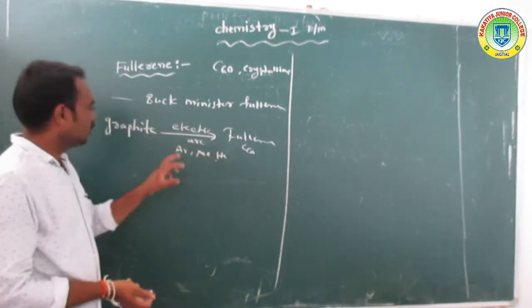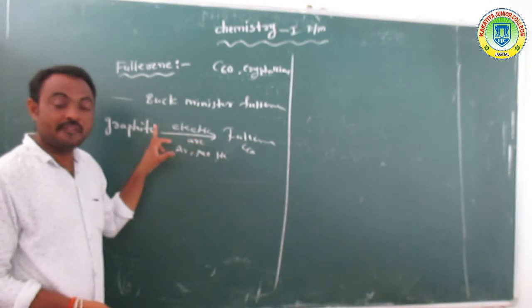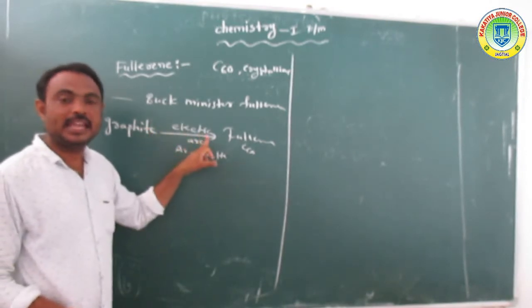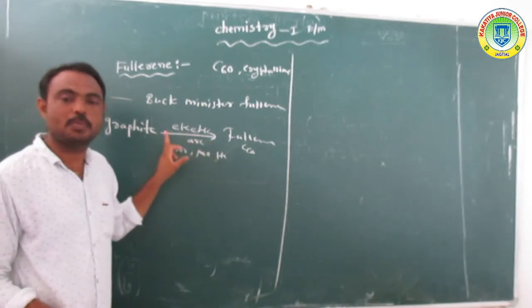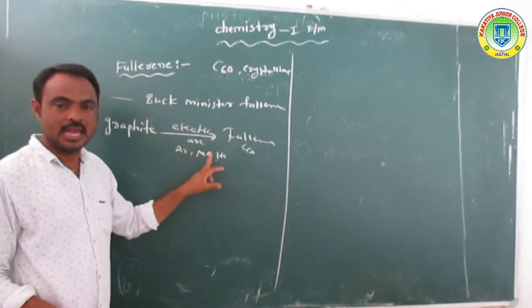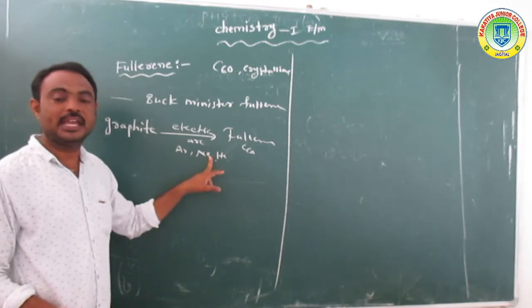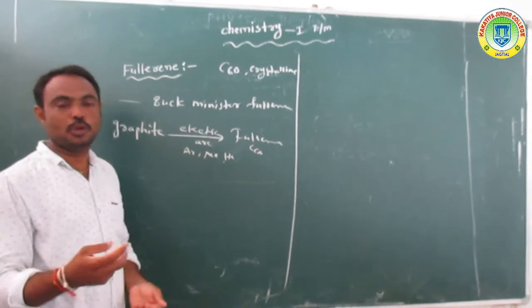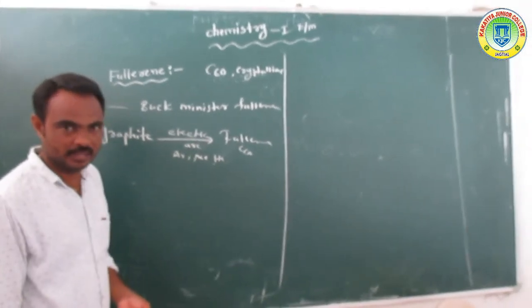Listen, how is it prepared? When we take graphite, electricity or electric arc is passed through the graphite in the presence of inert gases like helium, neon or argon to form fullerene. So fullerene is C60.